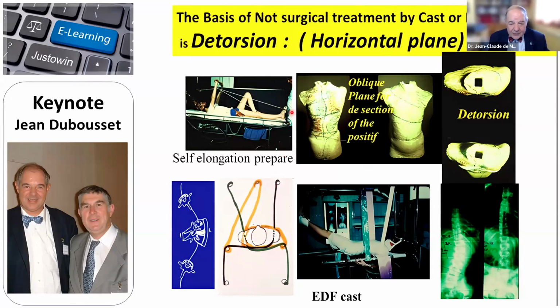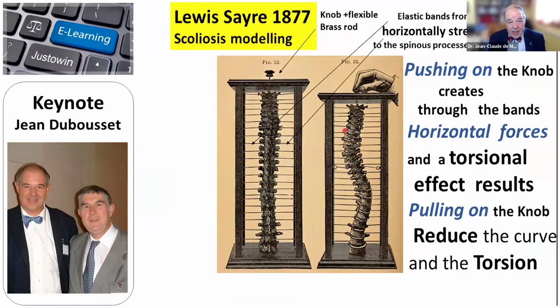And after the work of Dubousset, and we do the same in Lyon, we work more on the mechanical detorsion than the geometrical detorsion. So this was the concept of detorsion at this time, very important, and it's the same for the hard brace. Hard brace is detorsion brace.